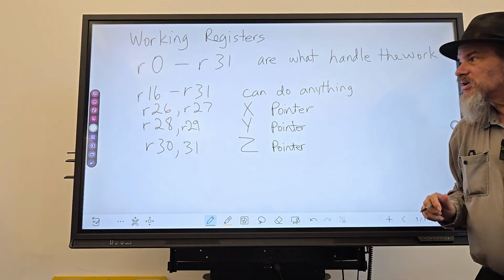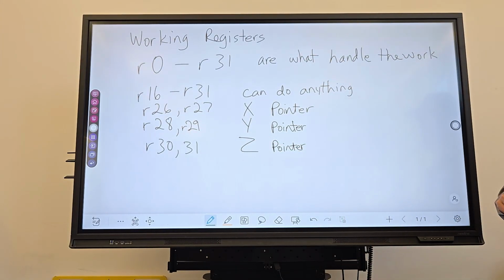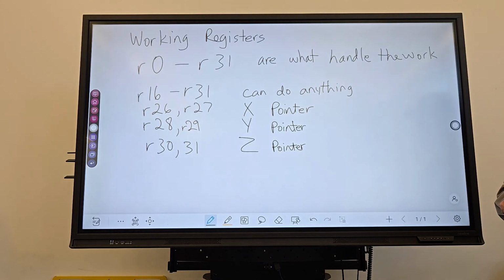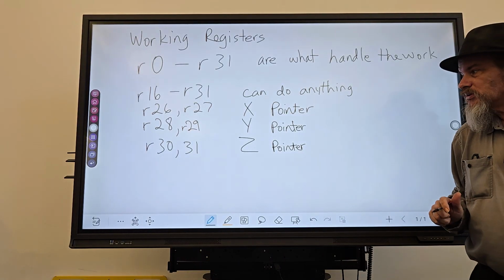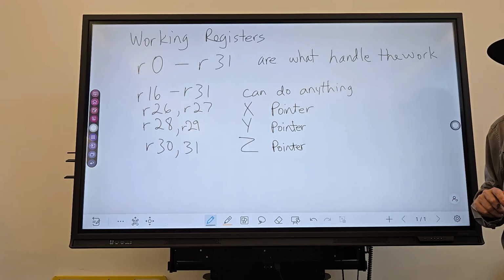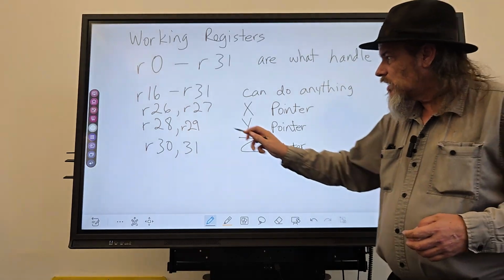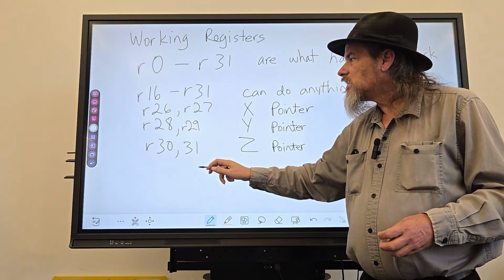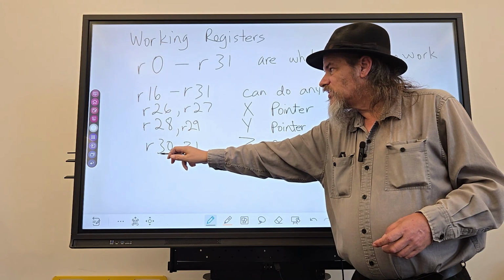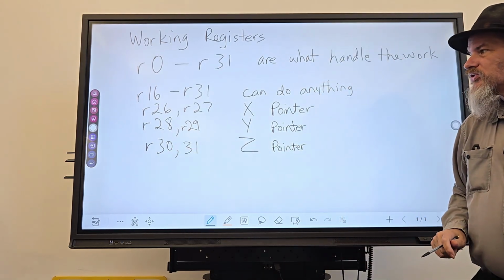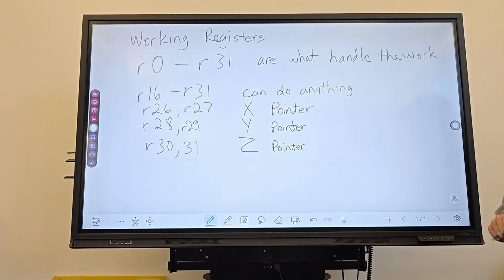The R26-27 pair, 28-29 pair, and 30-31 pair. The high byte of the address is the higher register number. Low byte is the lower register of the pair.